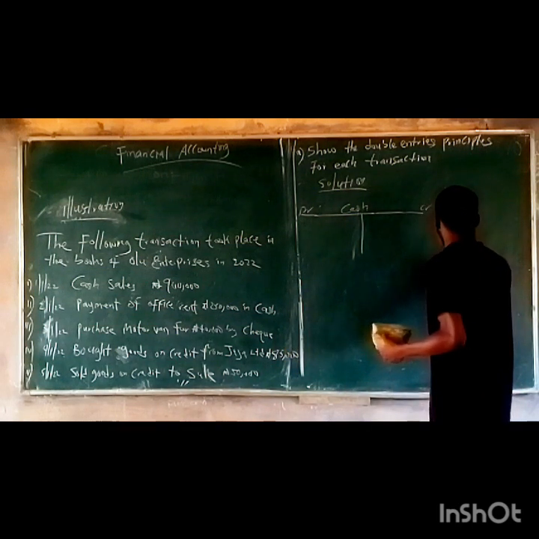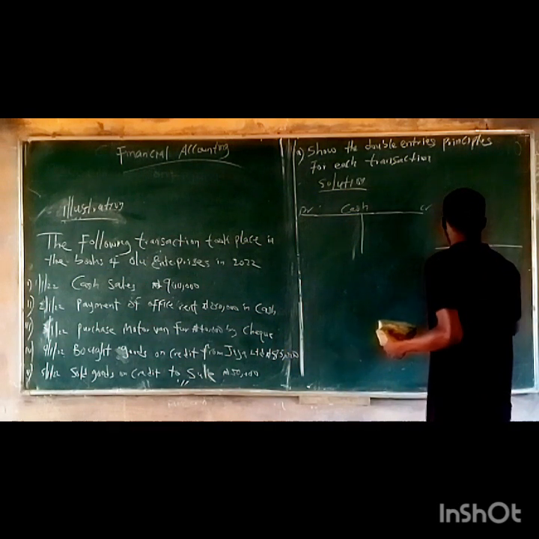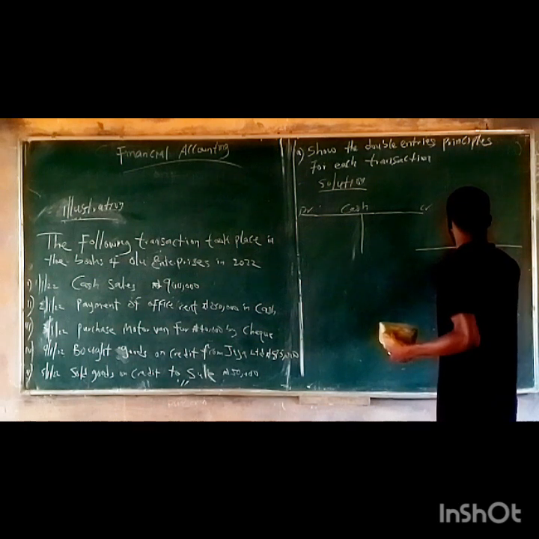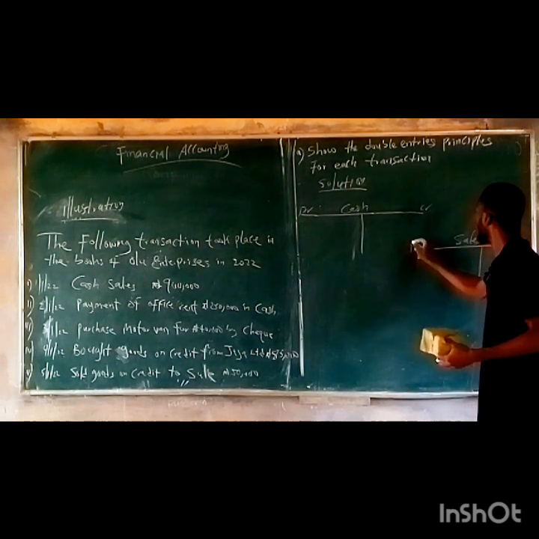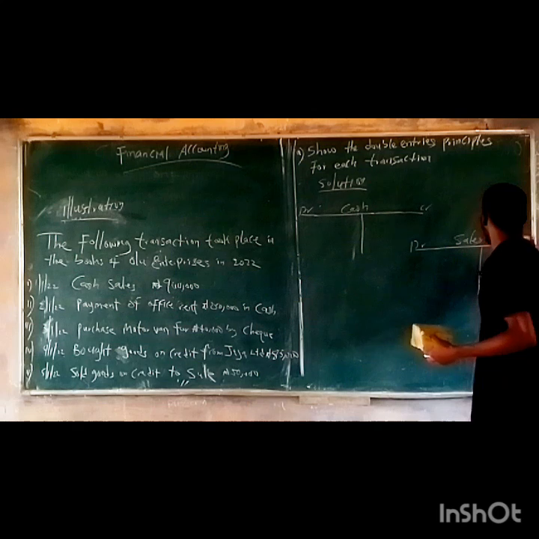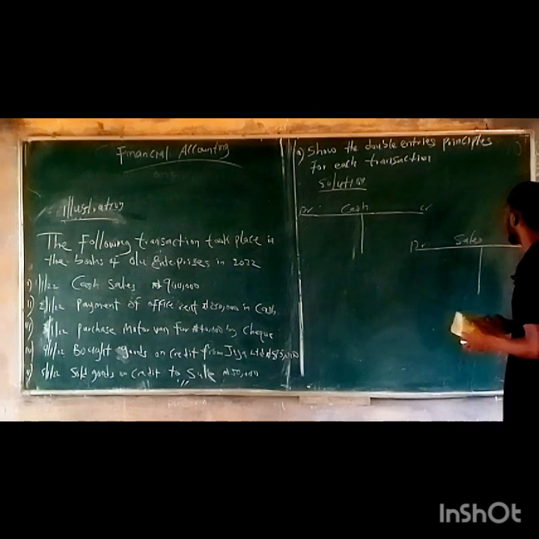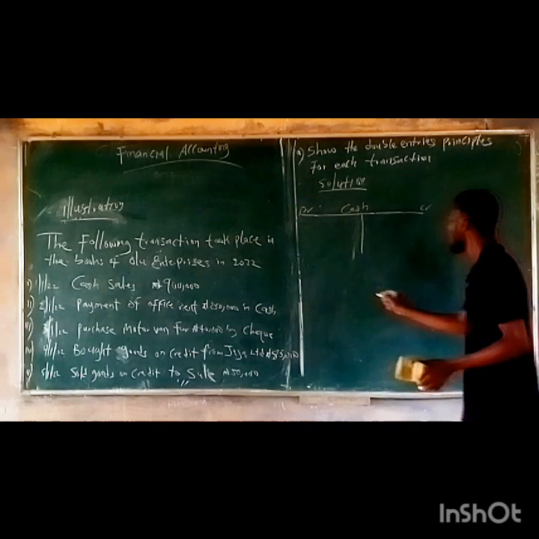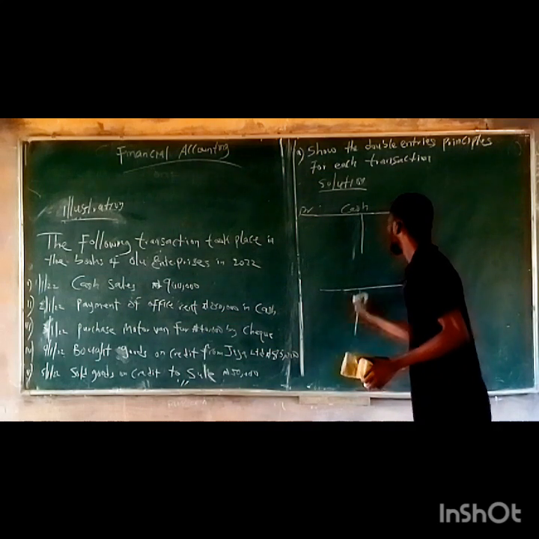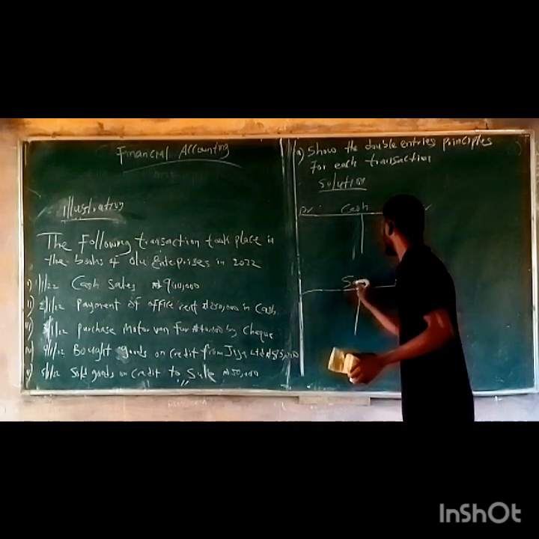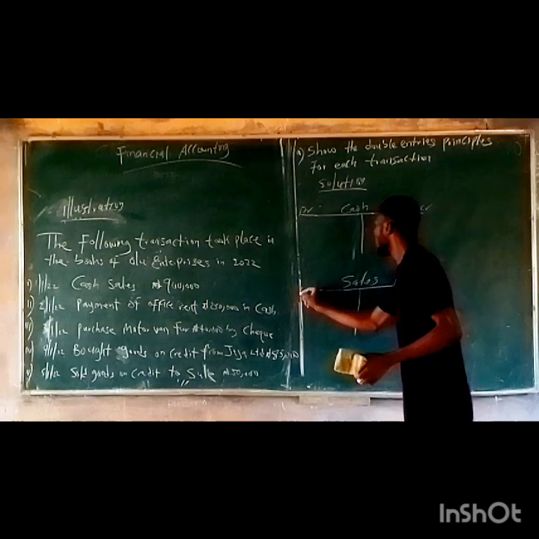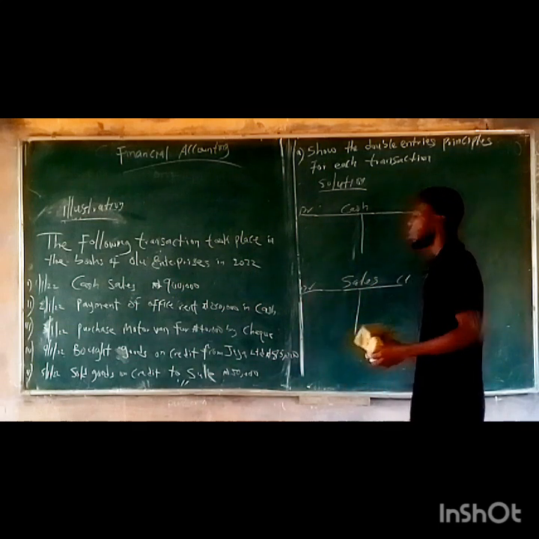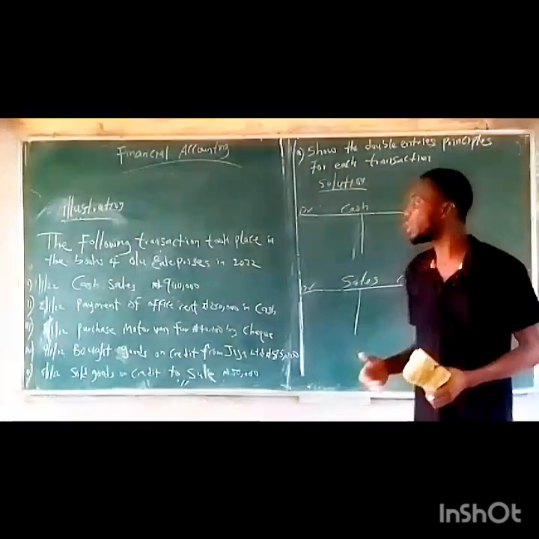Then I'm going to prepare my sales. Here we have the debit, and here we have the credit. So let me draw it down here. We have the sales, debit, and then credit. Now please take note, I'm going to move further.